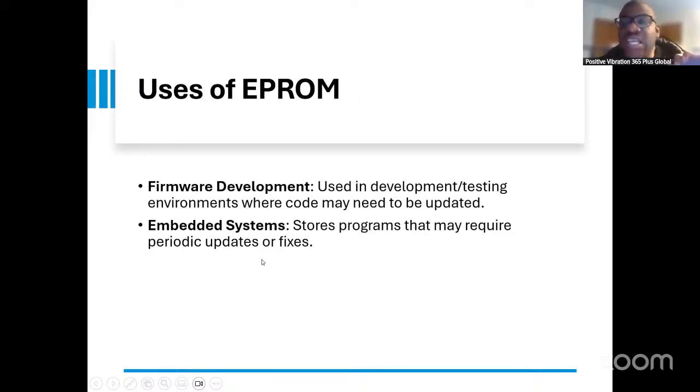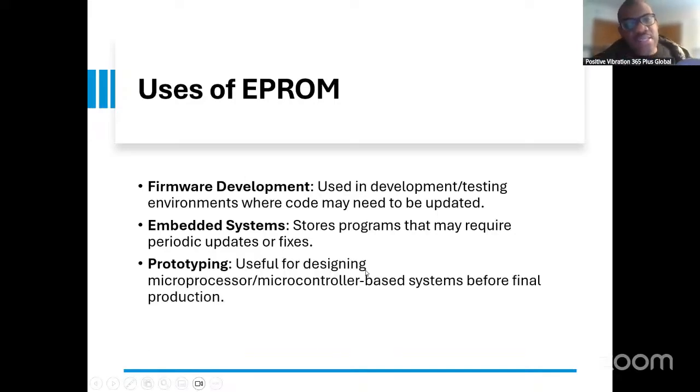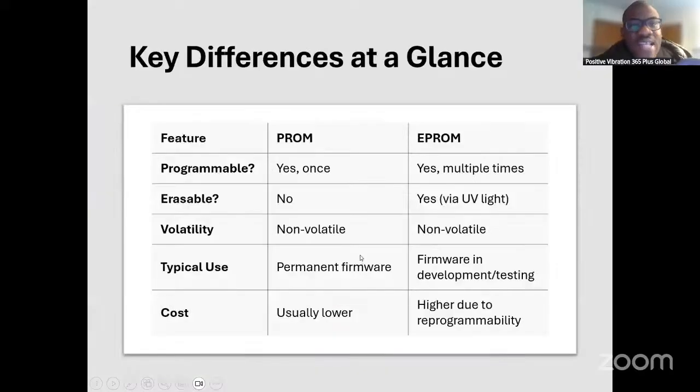But it still doesn't change it from being an embedded system because the function is still limited. So even though it might get a little update because they decided to use EEPROM and not PROM, you cannot upgrade its functionality. It still remains. So this is why it is still an embedded system. All right.